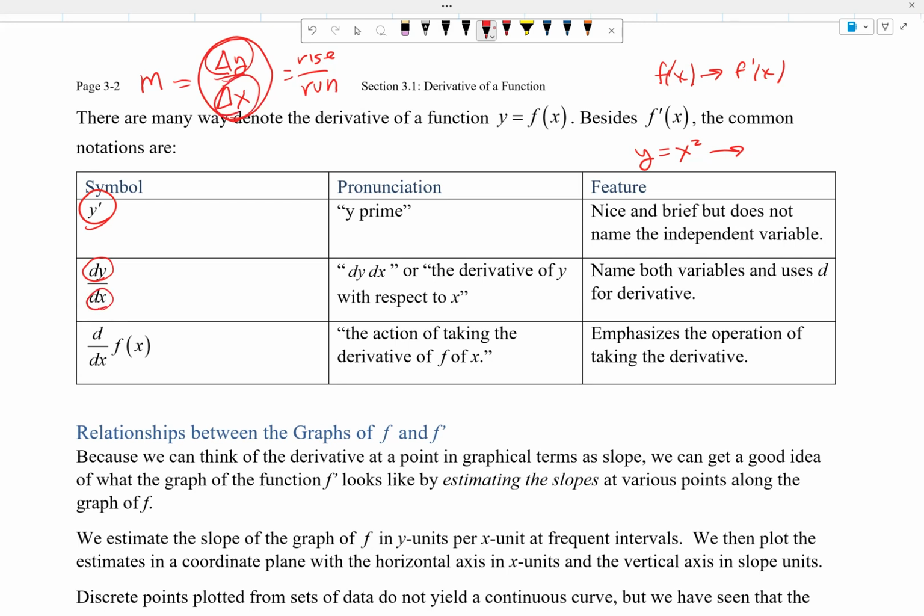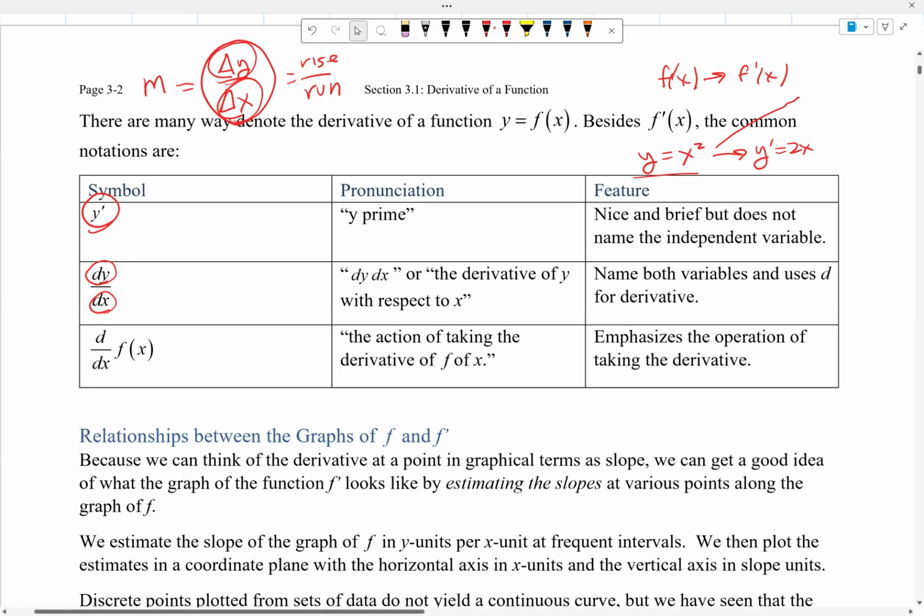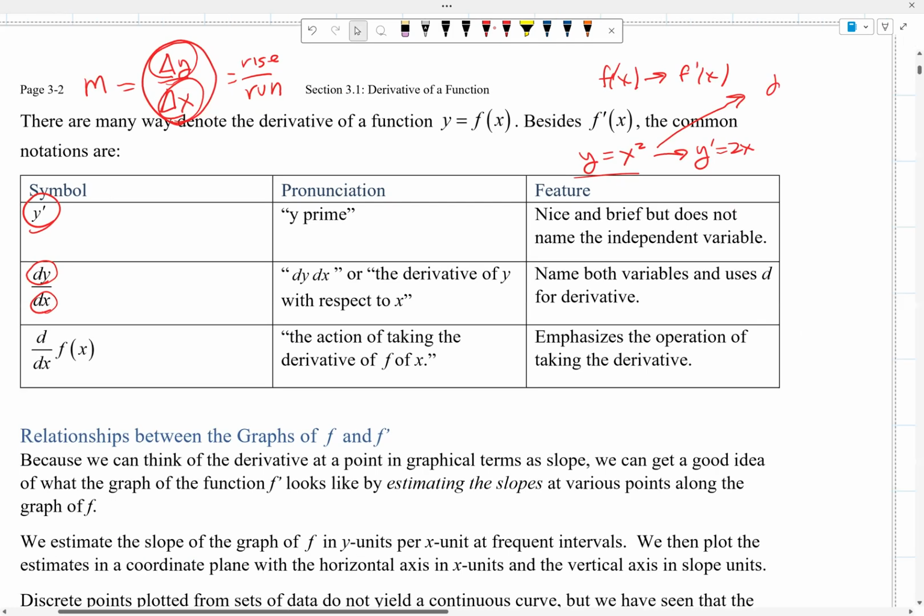And so dy dx is another way of saying the derivative. So from this example, y is equal to x squared, y prime is equal to 2x, because that's a problem we did on the previous page. I might also say that dy dx is equal to 2x. And again, that's just another symbol for the derivative.